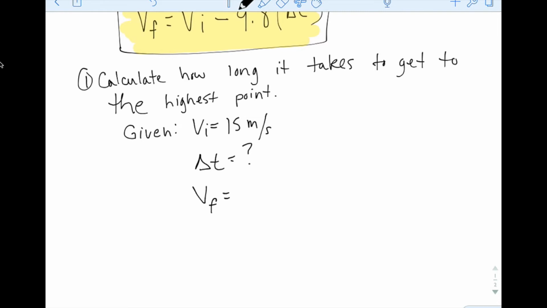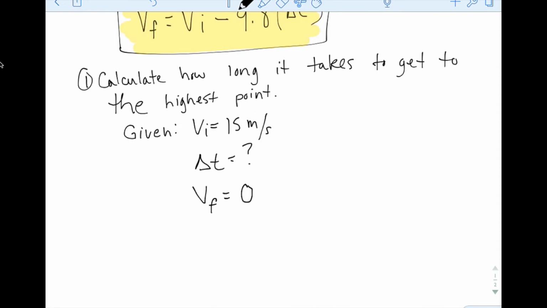So let's think back to the lab. On the lab, one of the questions was, what is the velocity at the highest point? And you should have written this, 0. So remember, when an object is thrown in the air, when it reaches its highest point, for a split second, it's not moving anywhere. It's not going up, it's not going down, and so its velocity is 0.